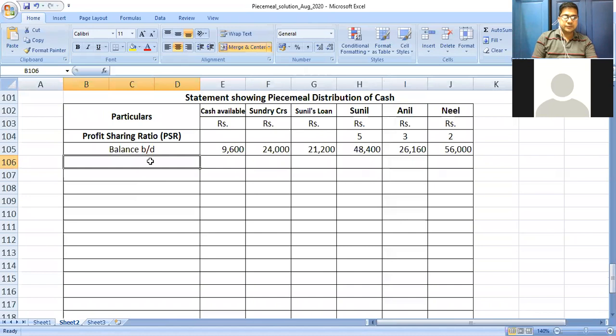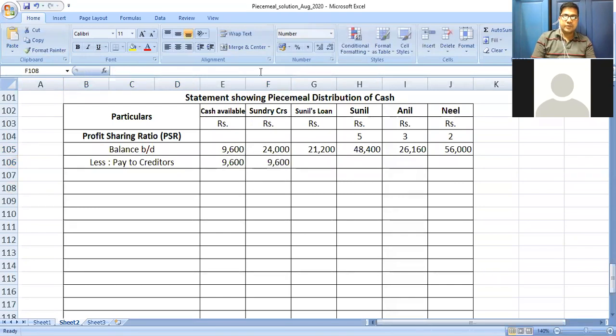So we have to write less, pay creditors. Now we don't have the 24,000, but whatever amount is there, that we have to use. We have 9,600, the same amount we have to use for payment to creditors.